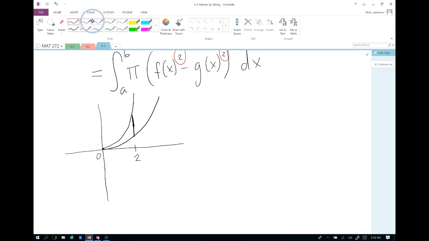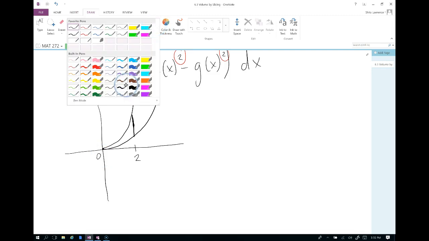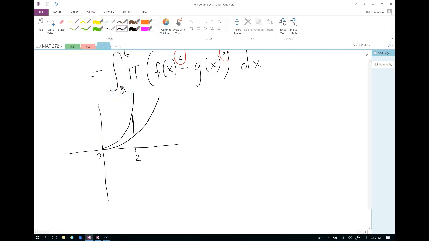If you take a slice, and the slices maybe didn't seem so important in part 1, but they're a little bit more important here. So now if you take a slice inside of this region, we're trying to stay inside the region, you can see that the outer boundary is the x squared, and the inner boundary is the 1/2 x squared.